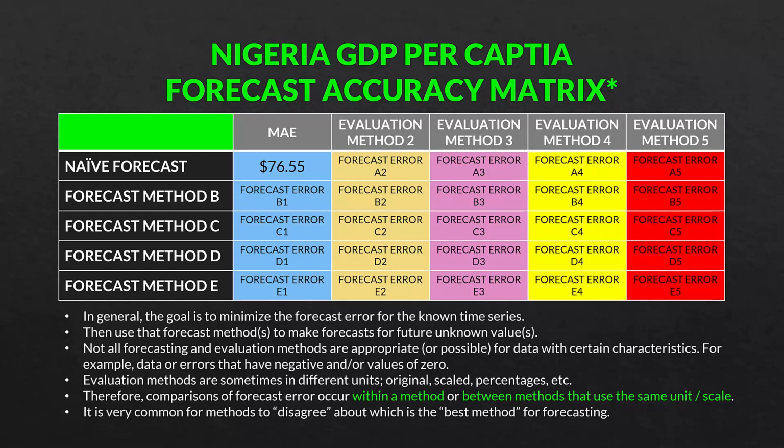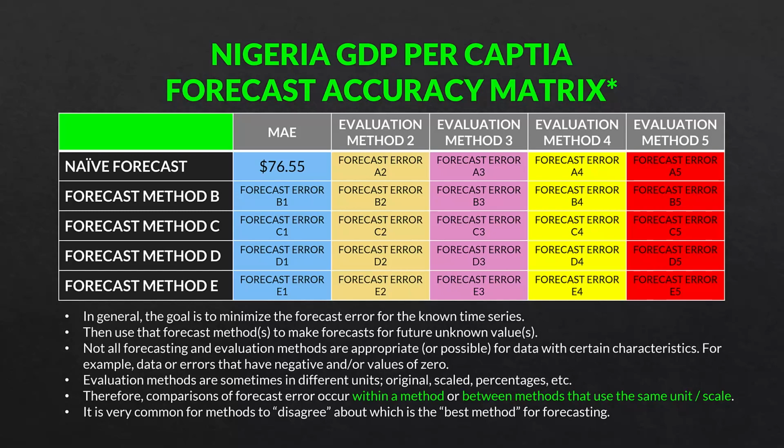Therefore, comparisons of forecast error occur within a method. So in this case, when we have several forecast methods like B, C, D, and E, we will look at the MAE column for all of those. We'll compare within a method, or between methods that use the same unit or scale. So other evaluation methods along the top may also use, in this case, US dollars. Then of course we can compare those depending on the context of those dollars.